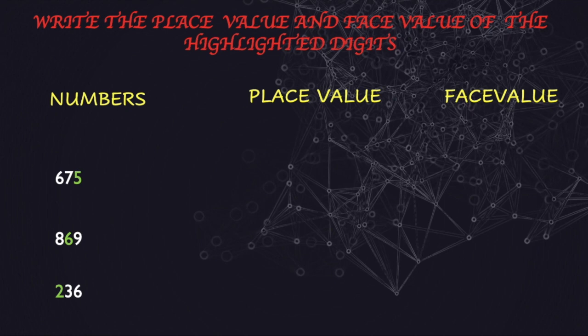Place value is the value of the digit according to its position in the number, such as ones, tens, and hundreds. So 5 is in which place? 5 is in ones place. So the value of 5 is just 5. It is 5 ones.